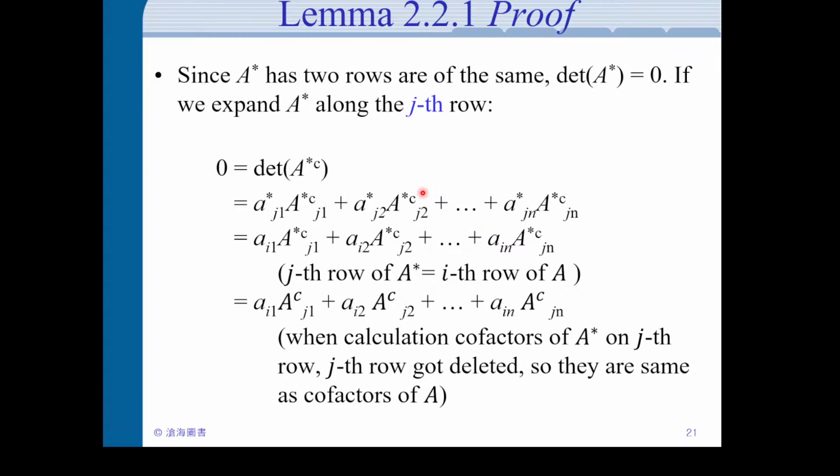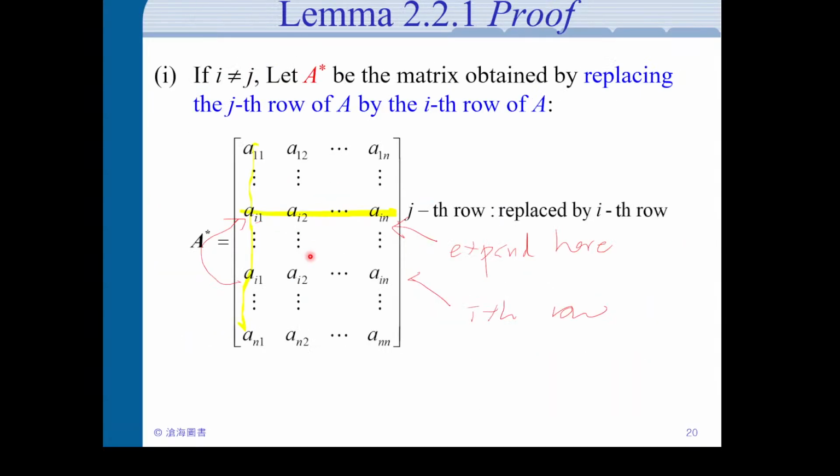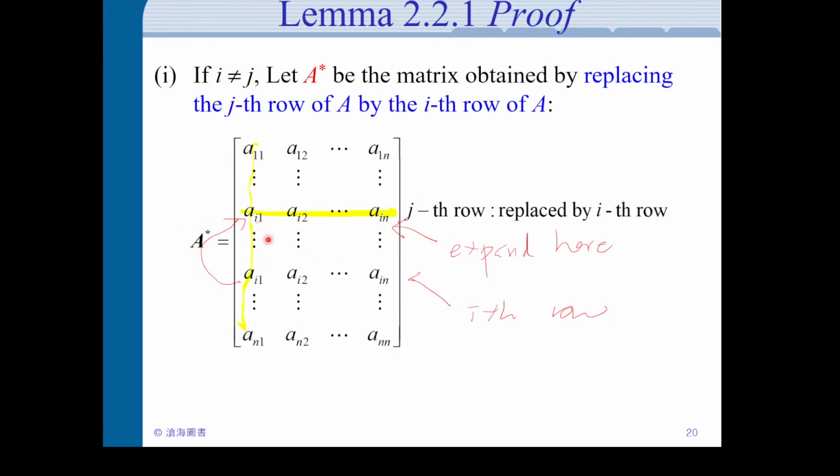And in the end, we see that the determinant of A star... Oh, I have too much C here. Sorry, I should not have C here. So the determinant of A star is equal to this weird product here. And that is 0 because now we go back to look at A star, and you see the jth row equals the ith row.